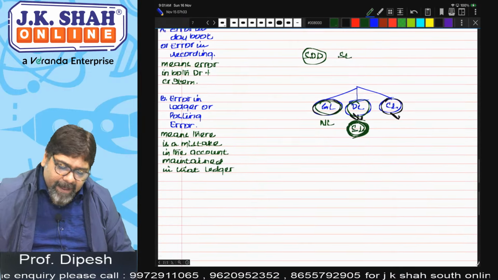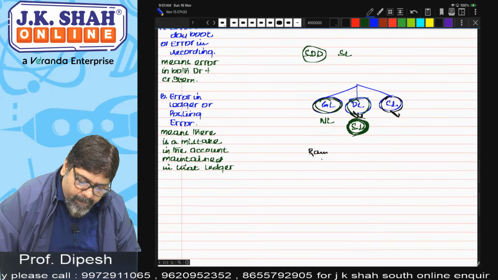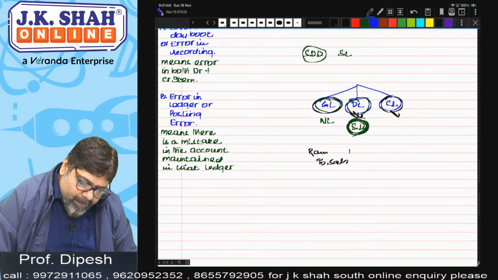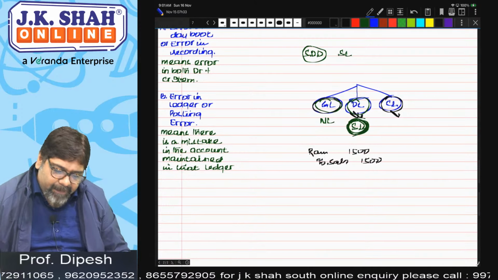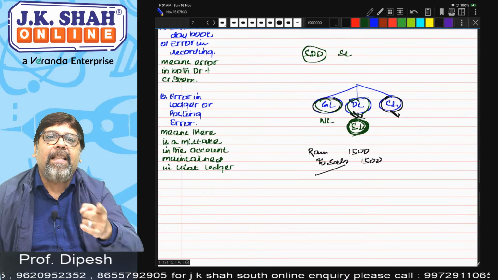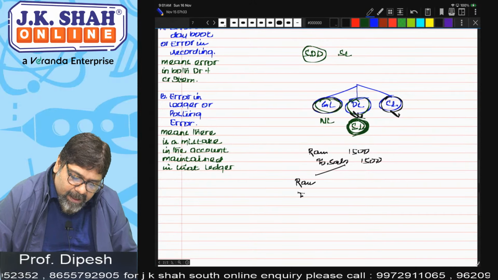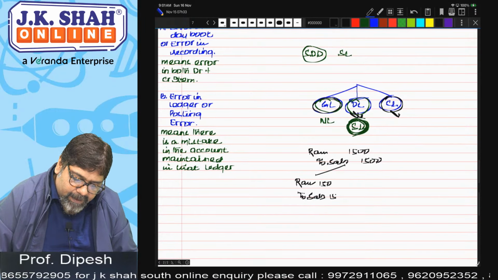Am I clear? If I say the journal entry is Ram to sales 1,500, correct? Listen, if I say wrongly recorded as 150 in sales day book, then the wrong entry will become Ram to sales 150, 150.